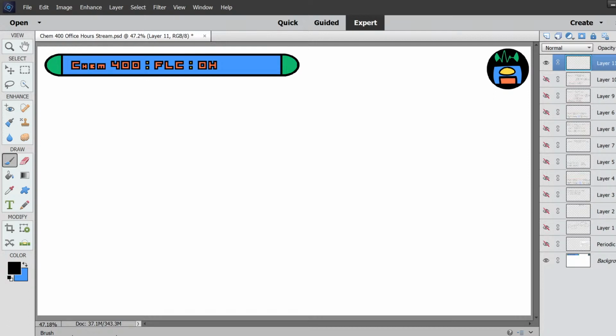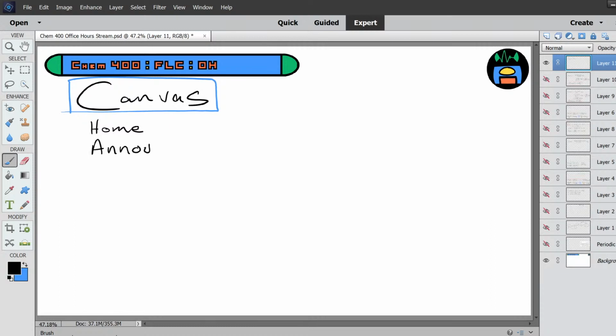But on Canvas, you know how you have that side panel? It'll say home, announcements, grades, all this good stuff.